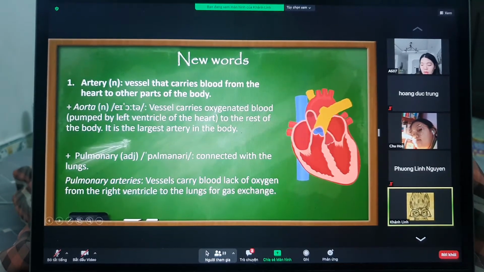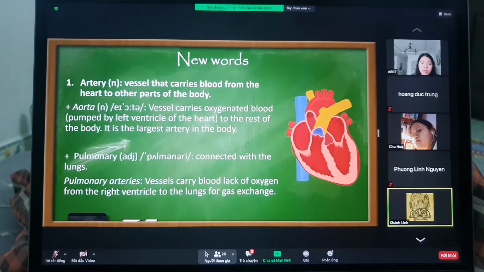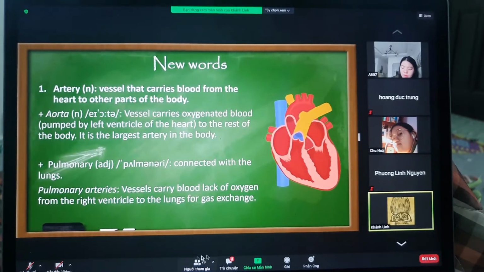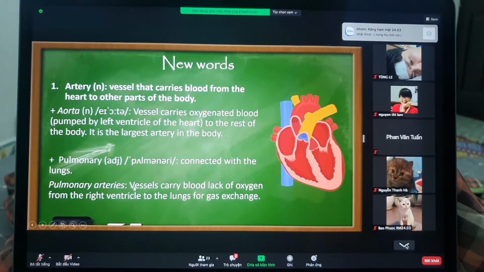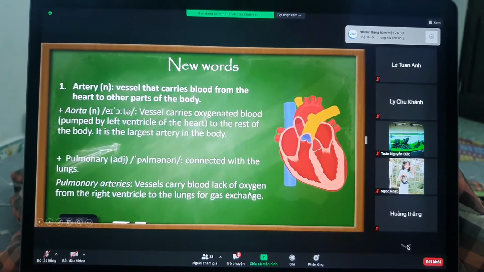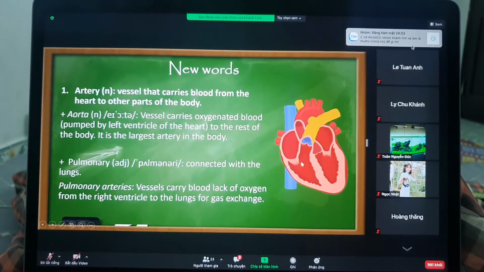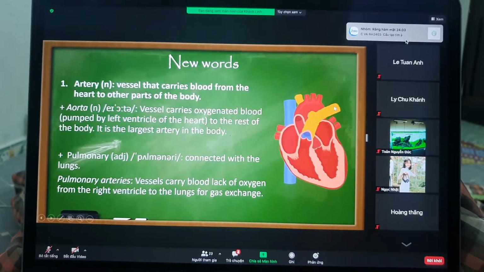Therefore, from now on, we should say pulmonary disease instead of lung disease. It may sound more professional. Pulmonary arteries are 2 vessels that carry blood that lacks oxygen from the right ventricle, the right ventricle I mentioned above, to the lungs for gas exchange.